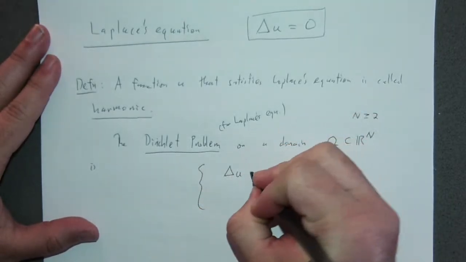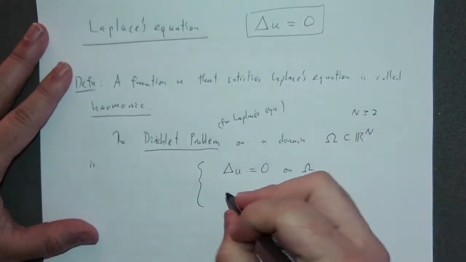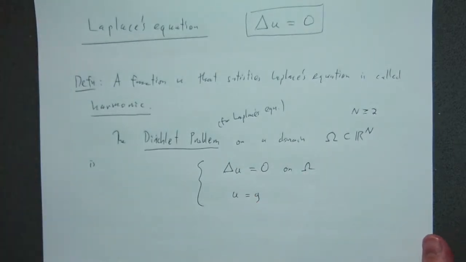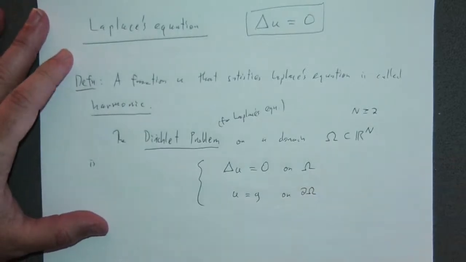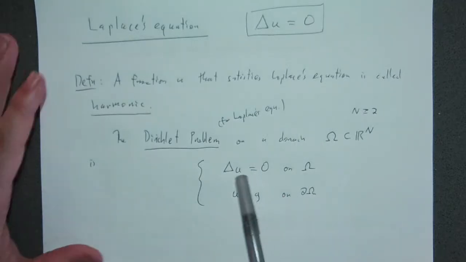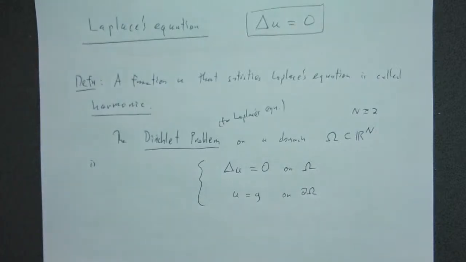We want to solve Laplace's equation on omega, and we want its value on the boundary to be prescribed. So here, the way of thinking about this is we're looking for a specific harmonic function, right? So it's harmonic on omega, and on the boundary of omega it has a particular form, right? It is g. It is some given function g.